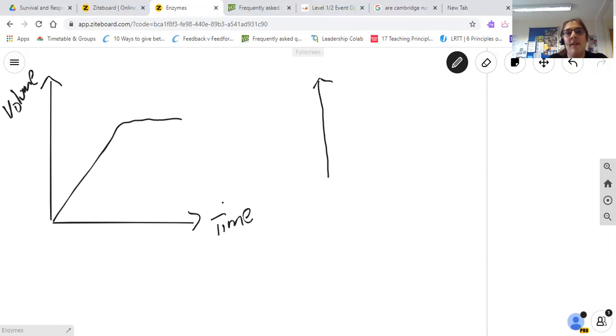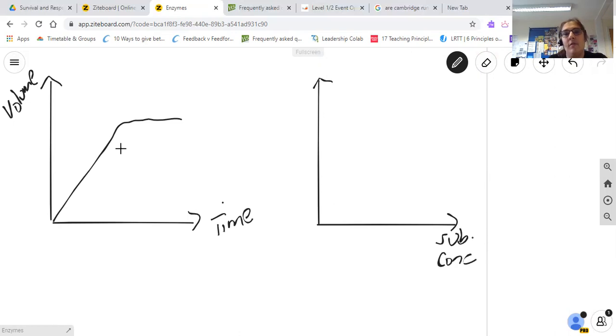It looks on the face of it very similar to this graph because the shape is almost the same. But the reasons are completely different.